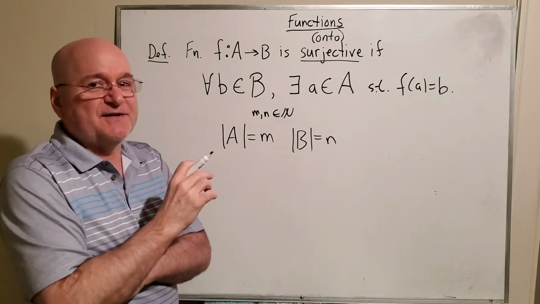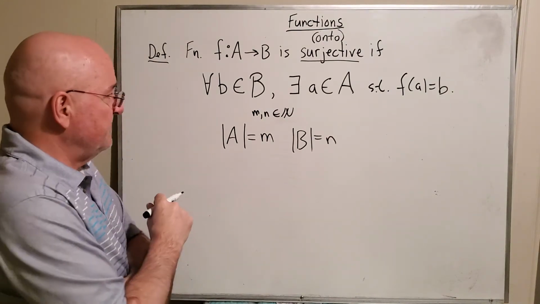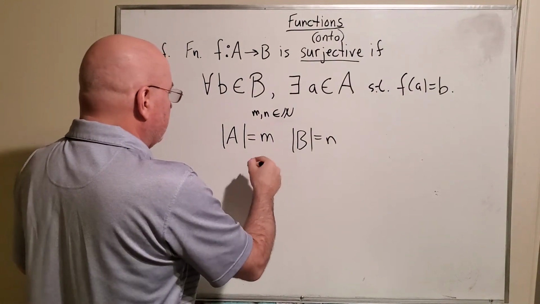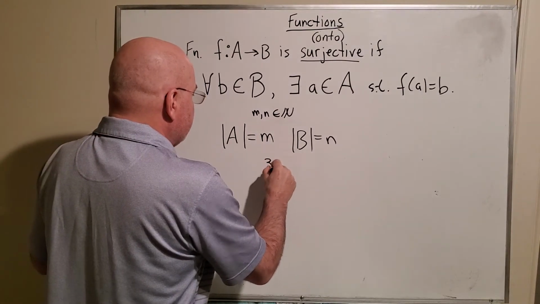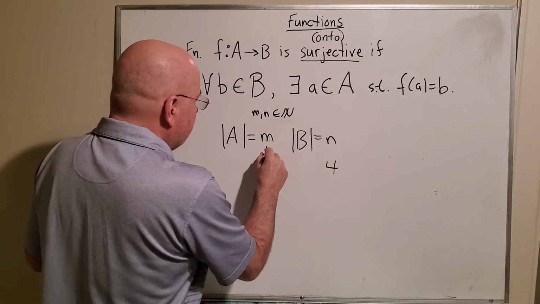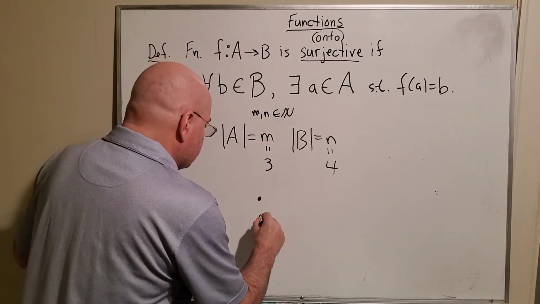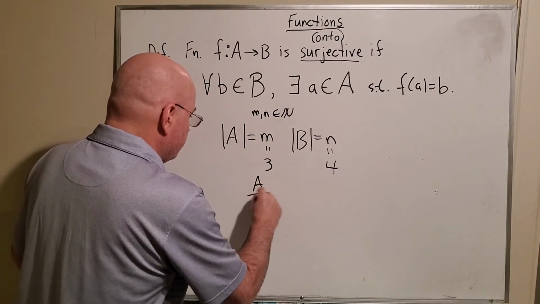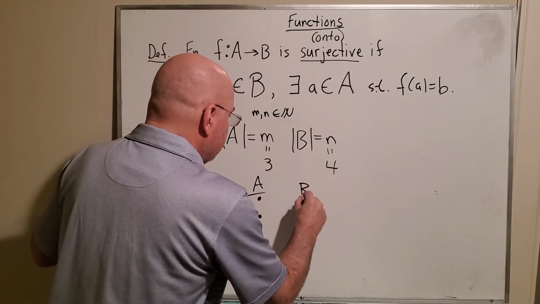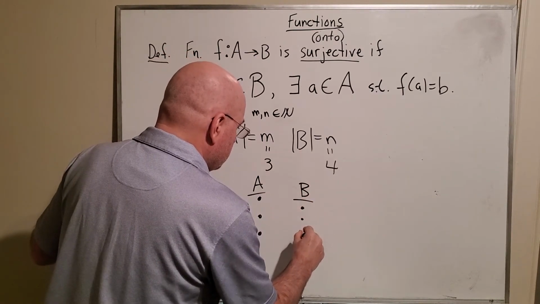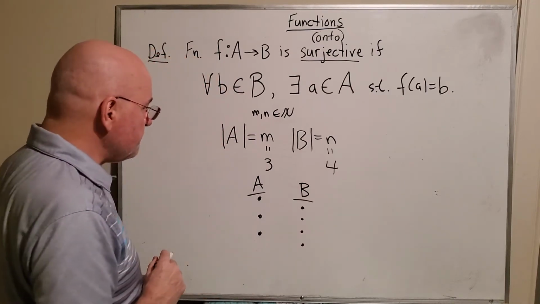I'll tell you, yes, there is, and it's a big statement. Let's do 3 and 4. Say m is 3 and n is 4. So A looks like this, those 3 points, and B looks like that.